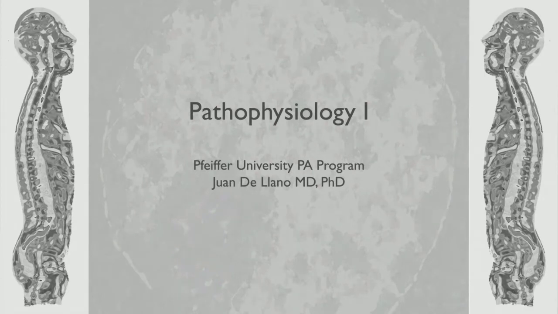This started in Russia and China, when some professors of medicine there started taking what they were teaching about pathology and combining it with physiology, making this new science, pathophysiology.